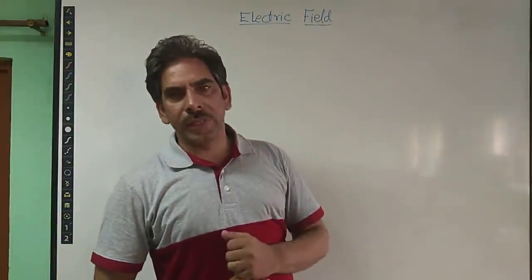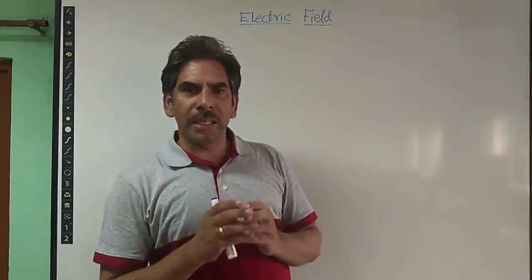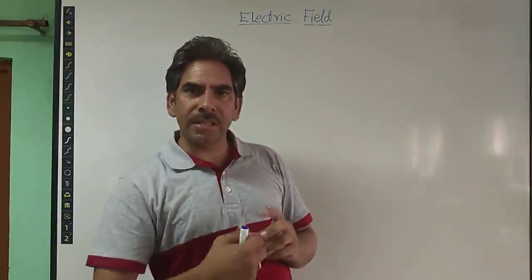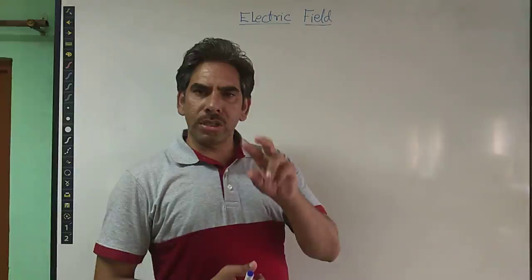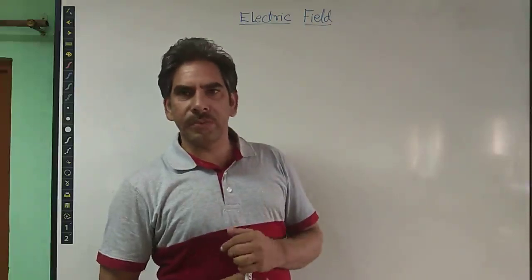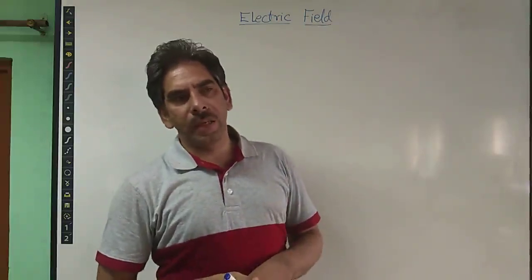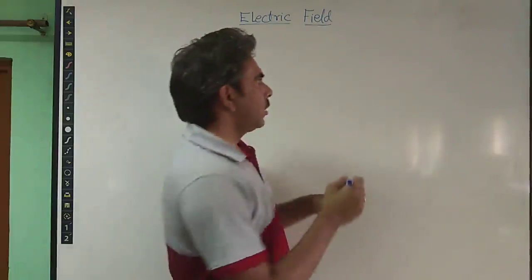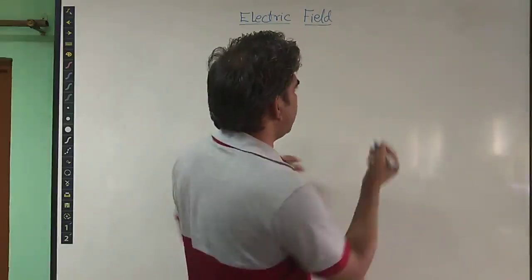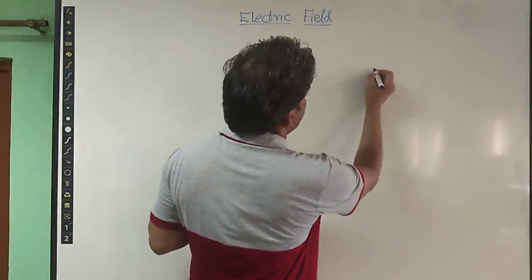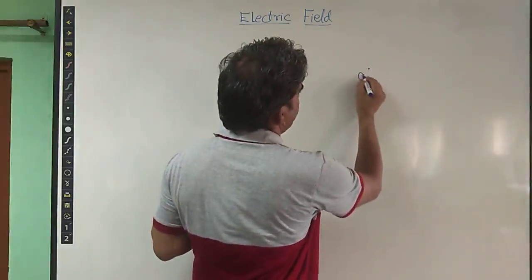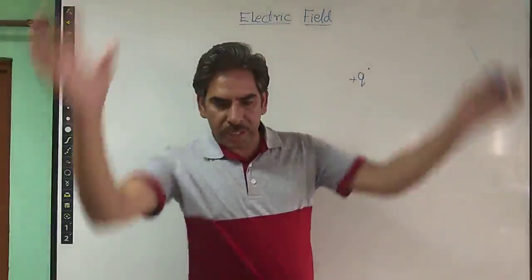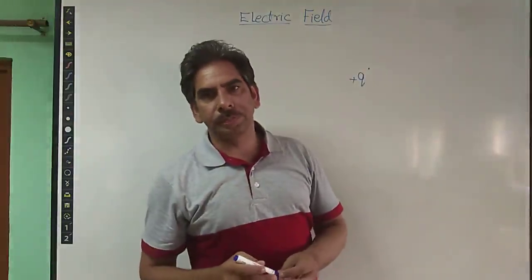So electric field, in order to explain how these two charges are influencing each other at a distance, involves two phenomena or steps. In the first step, the concept of electric field says that a charge, for example a positive charge Q, is placed in the space at any point.